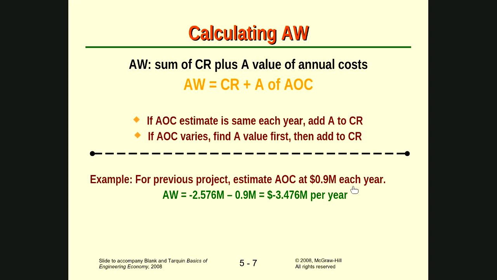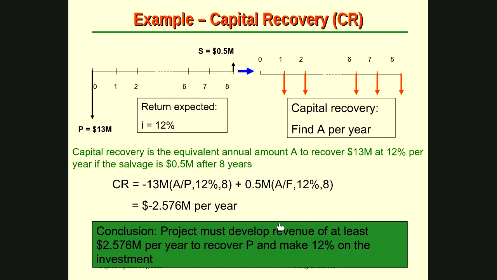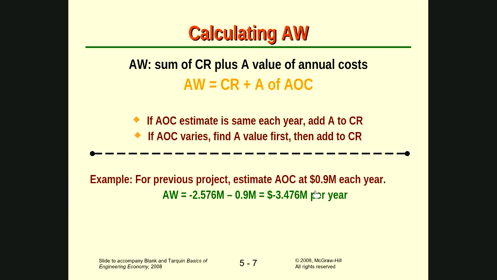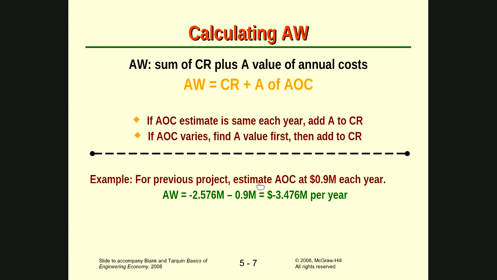I believe this question already has a remaining part in the textbook. So yes, for the previous project, he means this project. Imagine you have an annual operating cost which is 0.9. You already found the capital recovery. You will add the annual operating cost, the 0.9.